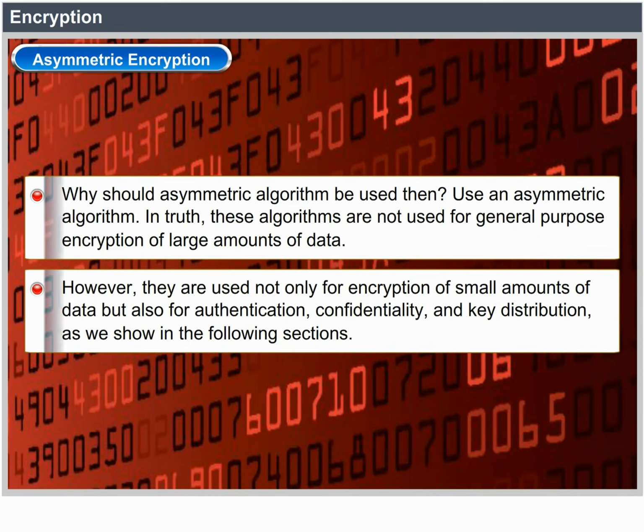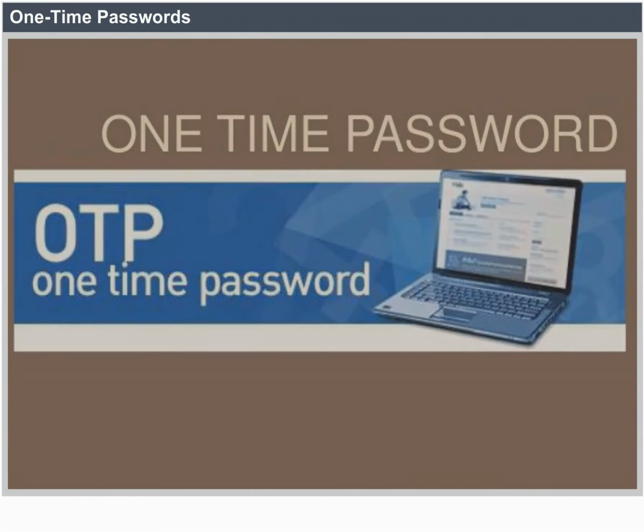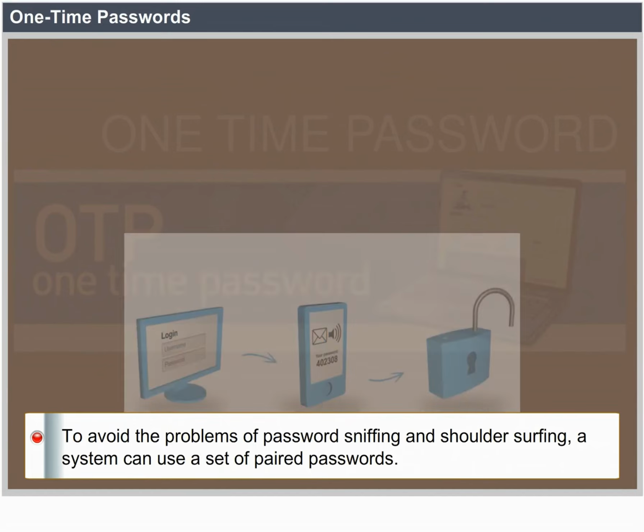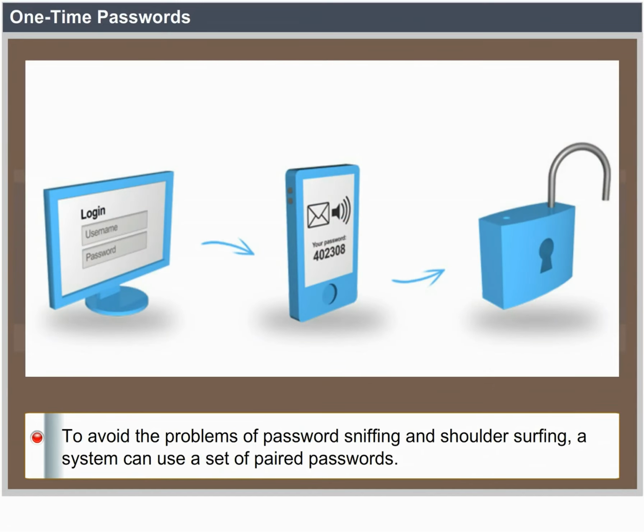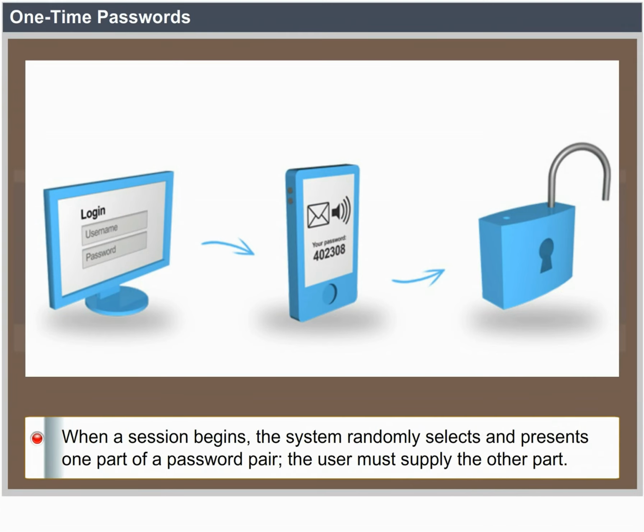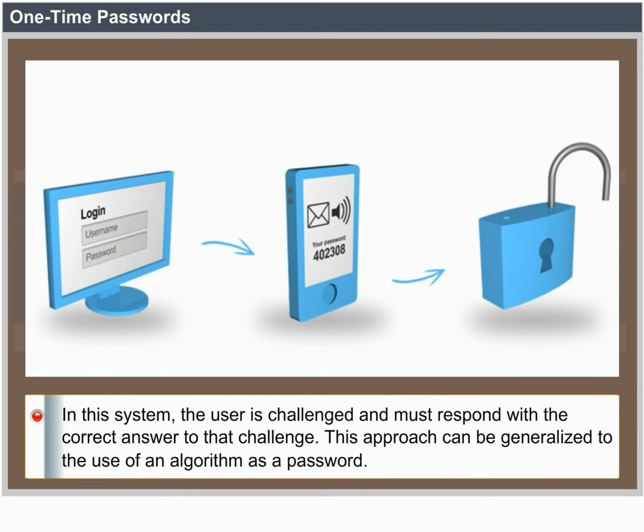One-time passwords. To avoid the problems of password sniffing and shoulder surfing, a system can use a set of paired passwords. When a session begins, the system randomly selects and presents one part of a password pair. The user must supply the other part. In this system, the user is challenged and must respond with the correct answer to that challenge.